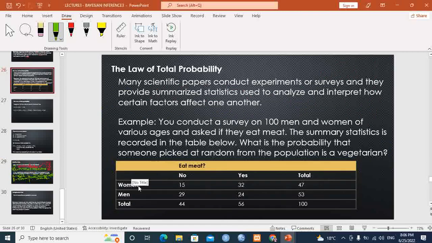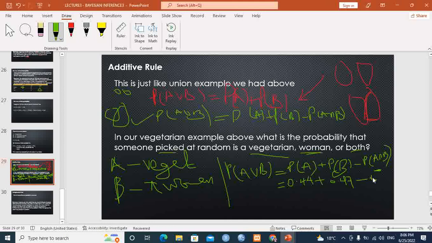It is 15 out of 100, so it should be 0.15. In this case we get 0.76. So when we meet someone from this population, the probability of them being either a vegetarian or a woman or both is 0.76.